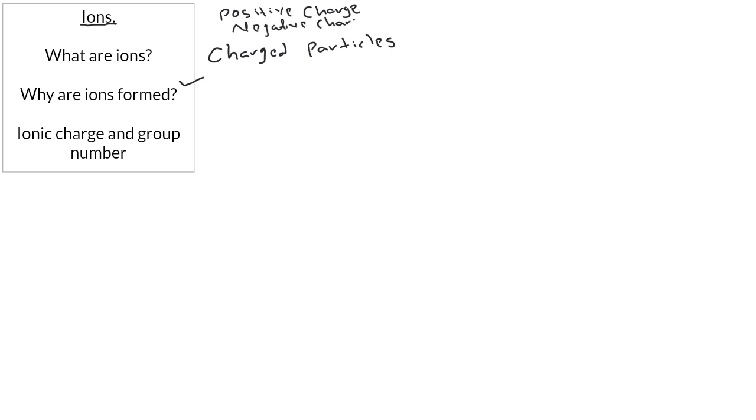These are the two major charges, represented with the plus sign and the minus sign. So again, ions are charged particles. It means they can either be positive or negative.